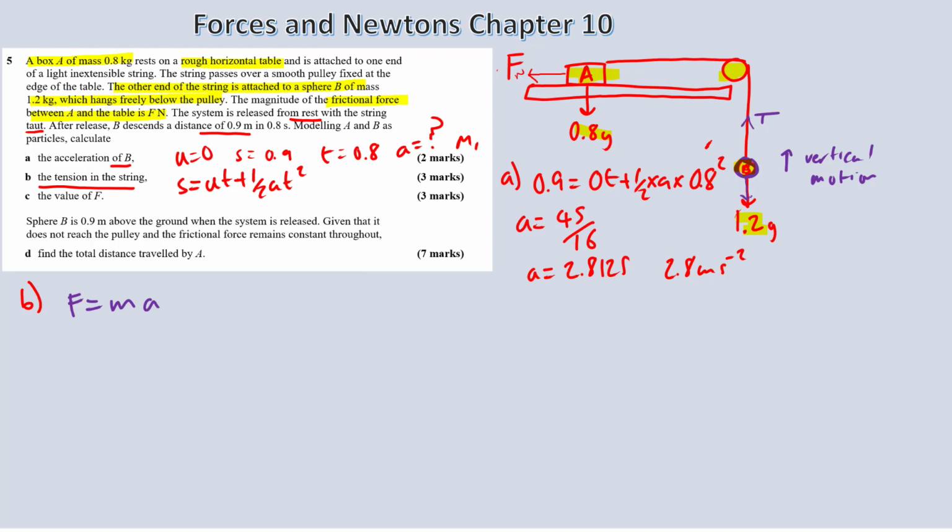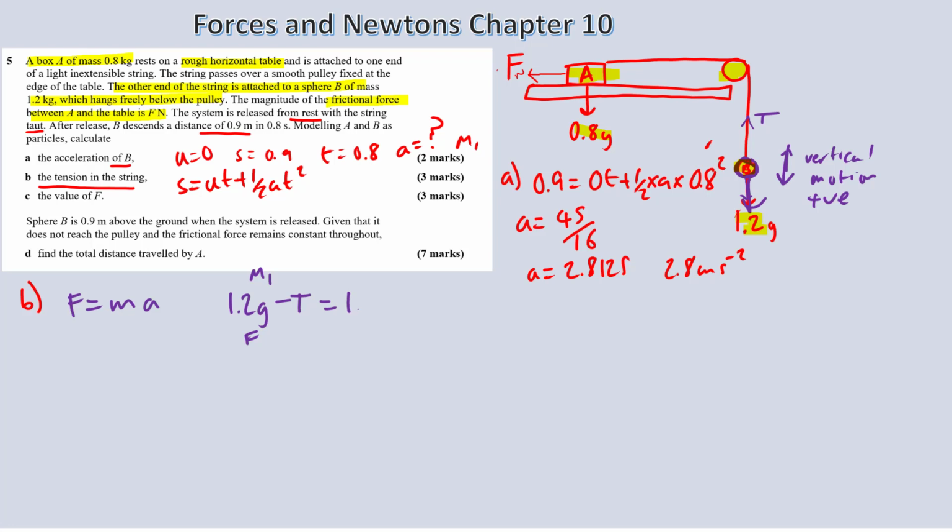We've got 1.2, and let's use this as the positive direction, because you know the system is going down. So what's the force? You've got 1.2g. We use g because we've got gravity acting on it, minus T. Understanding this gets you a method mark. Equals mass times acceleration.